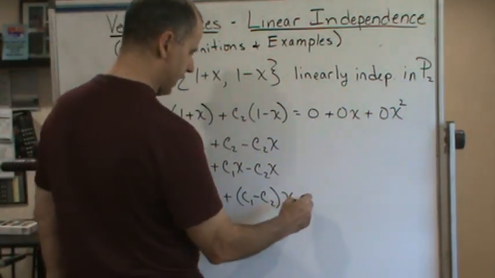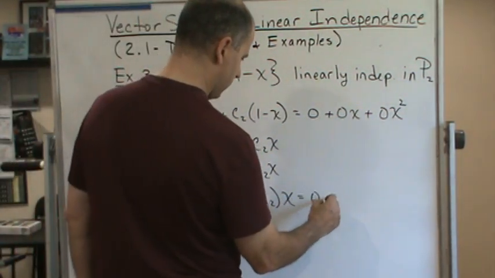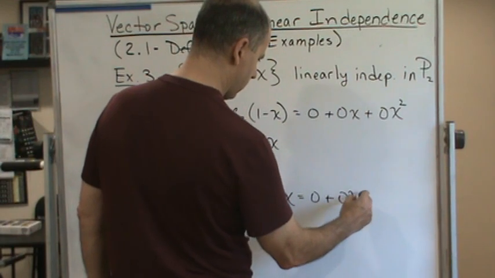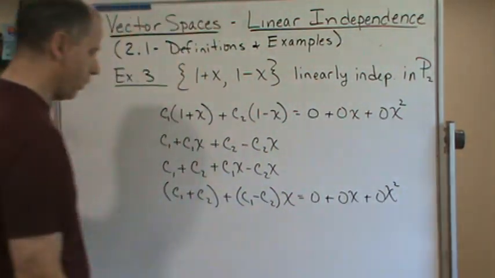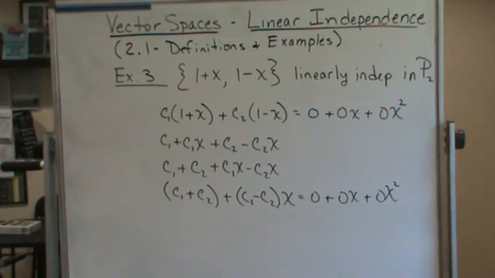This quantity times x is equal to 0 plus 0x plus 0x squared.